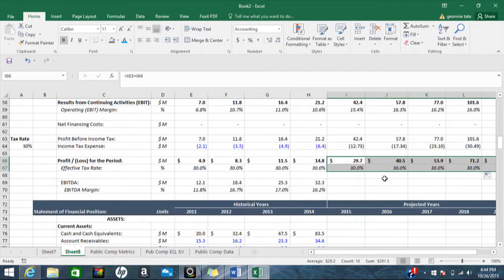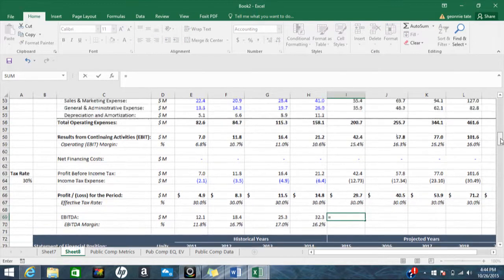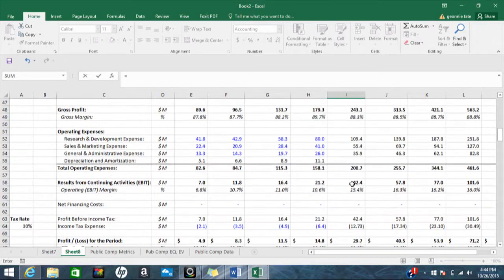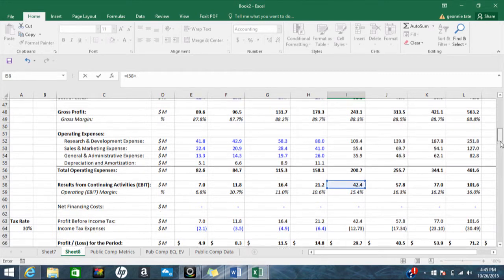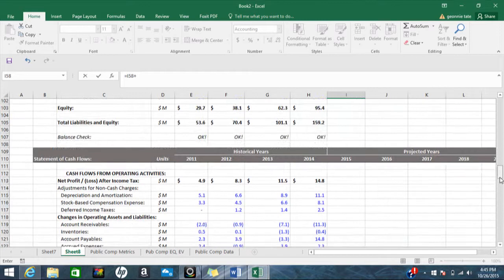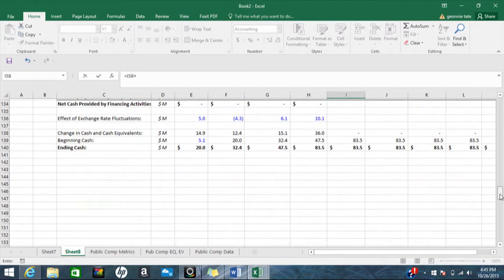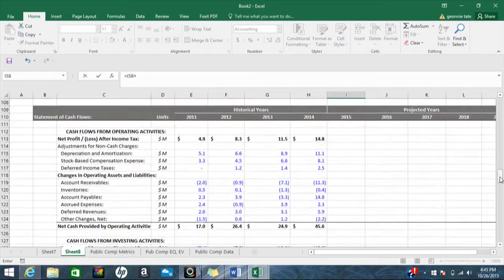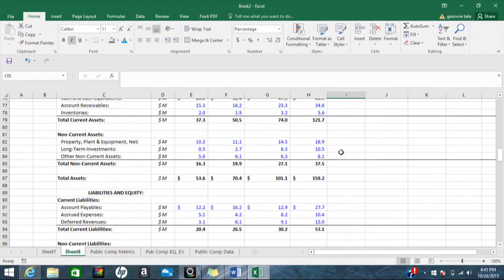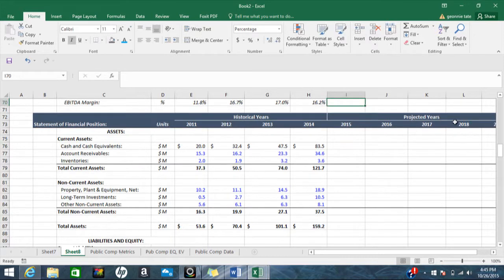And the EBITDA, as I mentioned earlier, is only the EBIT plus D&A. So I take my EBIT from here and I add it to my D&A. You always use D&A from the cash flow statement, because sometimes a company can include the D&A within other line items, so it'll be different on the income statement.